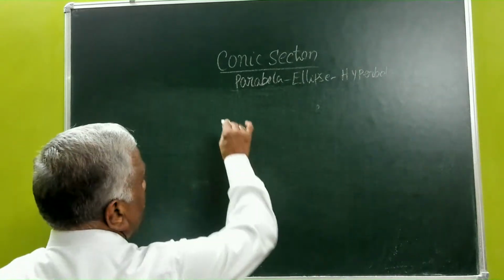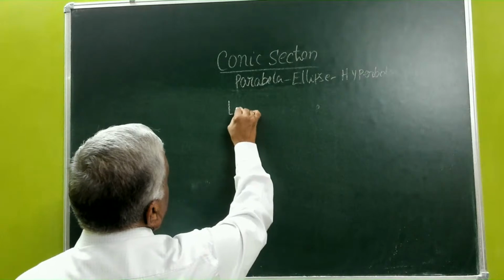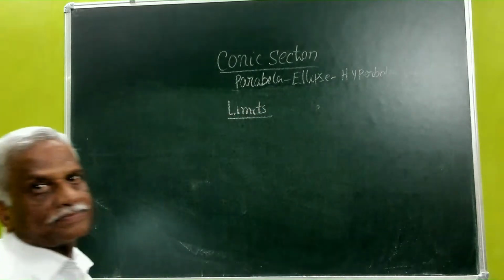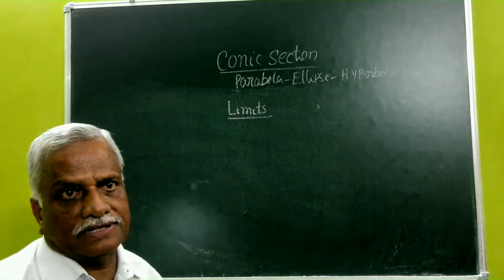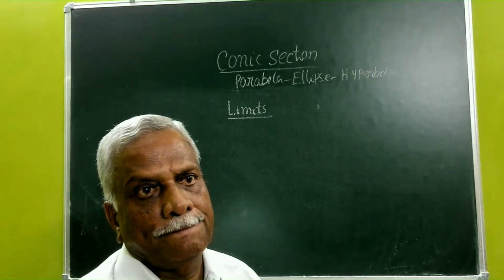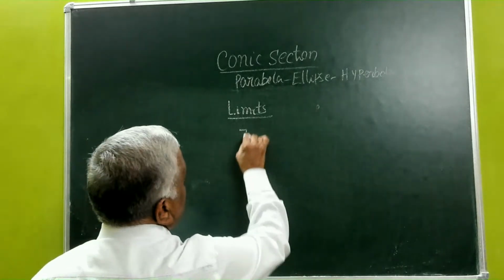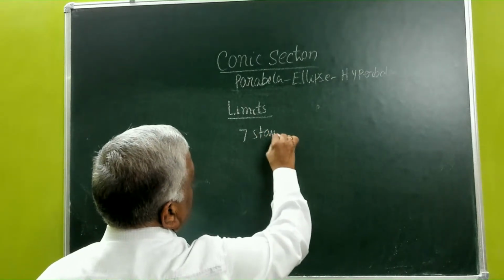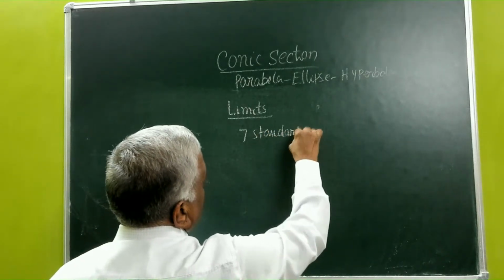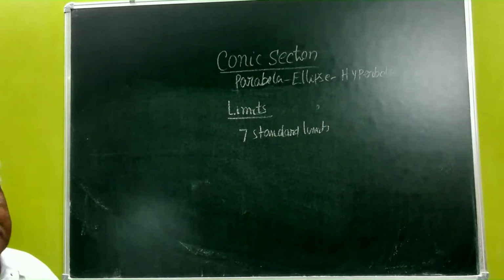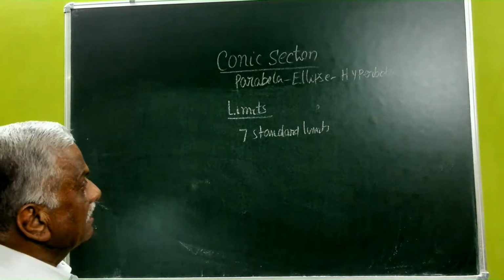Tomorrow I will be taking up the chapter on limits. I'll just list the important limits. There are 7 standard limits. I'll just write 1 or 2 so that you can write the others later.